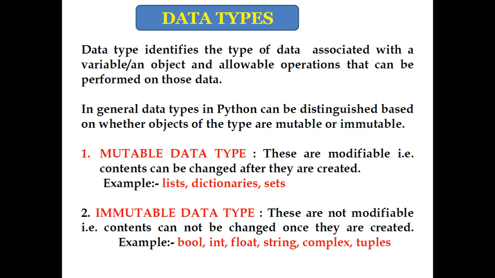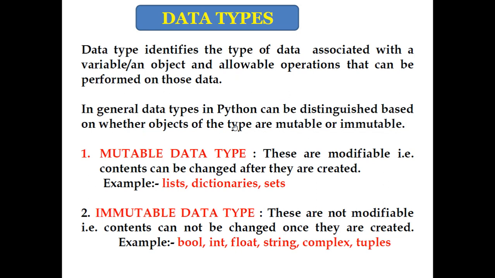It will give the result 12 after calculation. But when the data type is changed, suppose I am using x and y string data type, and I try to perform the same operation with plus, it will result in xy, that is concatenation, not calculation or addition. That means whenever the data type changes, the allowable operations also change. That is the importance of data type.